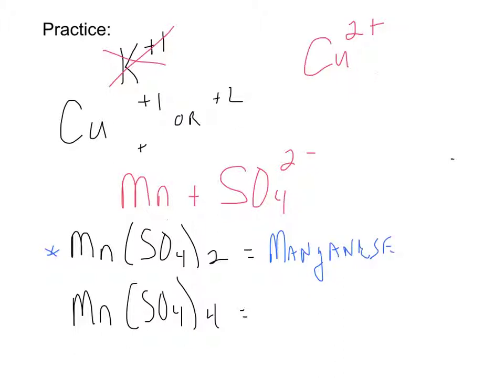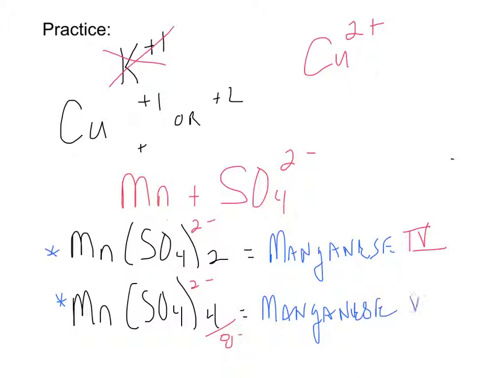We know that every one of these has a -2 charge, and I've got 2 of them, so this would be manganese 4 sulfate. However, this one down here has 4 of them. We still know that every sulfate has a 2- charge, so this is a total charge of -8. So this one down here is going to be manganese 8. And that's how we can tell what the compound formula is.